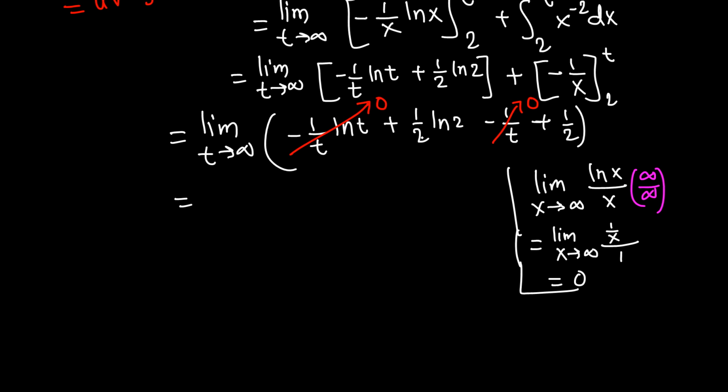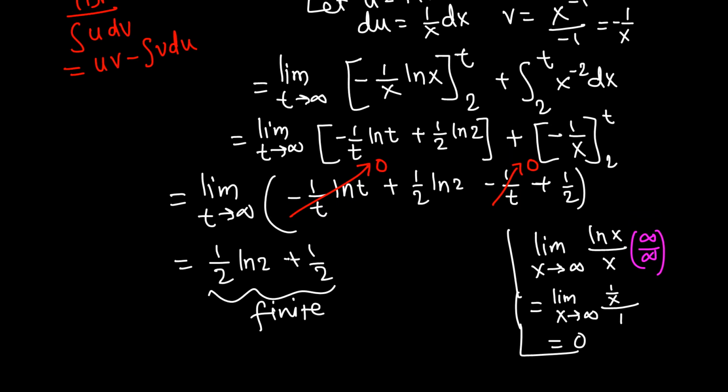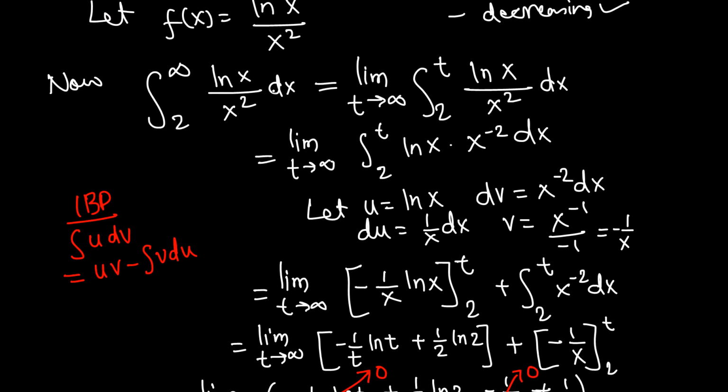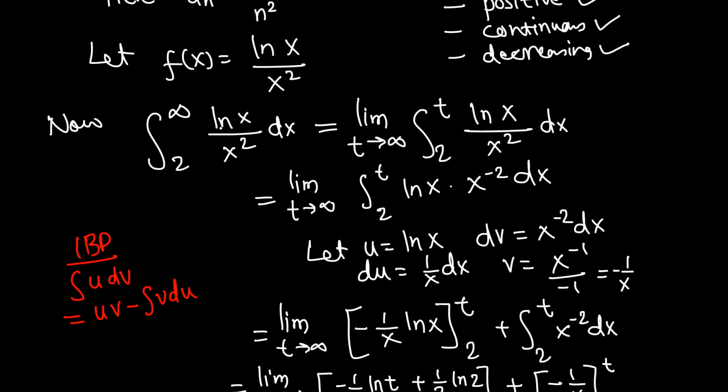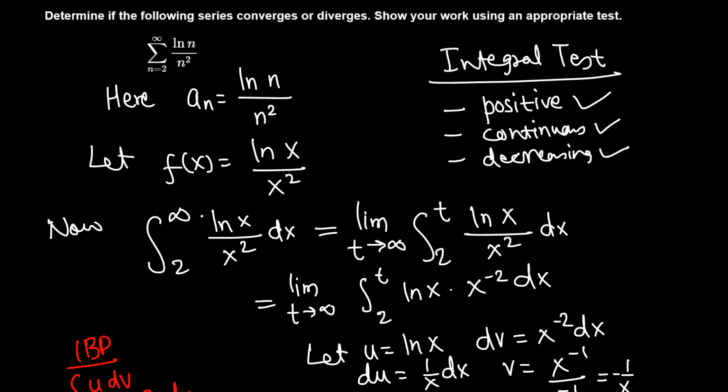So what are we left with? When t goes to infinity, this goes to 0, this goes to 0, and we have 1/2 natural log of 2 plus 1/2, which is a decimal number, a finite number. That means this integral converges, and this integral was built from this series.